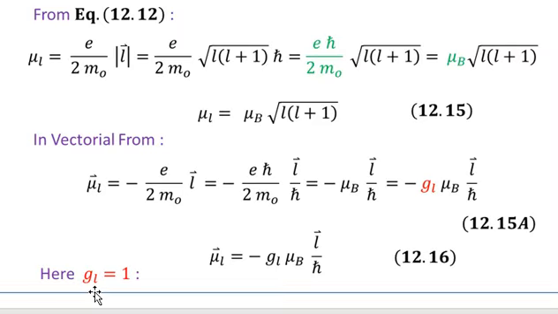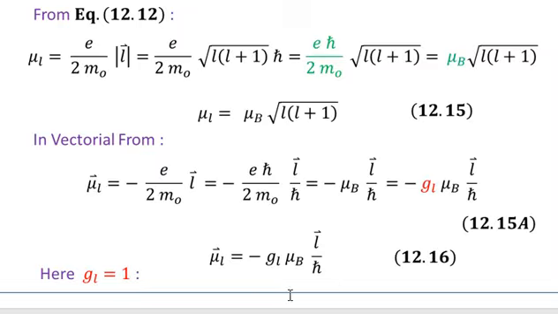Later on, we shall see what is the significance of GL. But you see that here we have introduced GL as a parameter. And in equation number 12.15a, GL has a value which is equal to 1. And we have now the final result that mu L in vectorial form is equal to minus GL times mu B times the angular momentum vector divided by h bar.